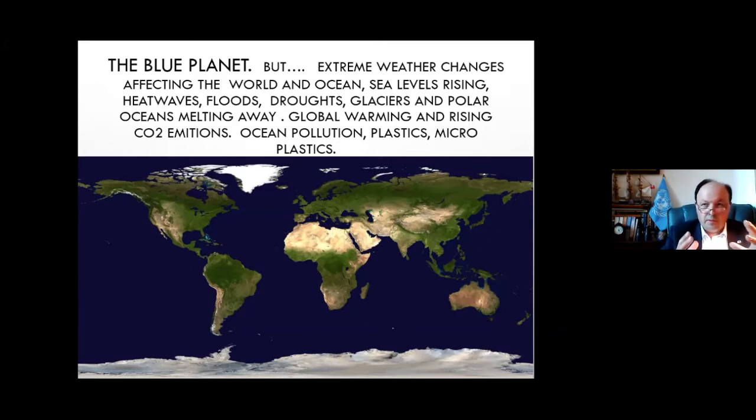We have to remember that we don't live on a pure sphere as such, but it's slightly flattened. So the equator is closer to the sun, and it receives more heat. So that heat needs to be redistributed in order to make the biosphere habitable. The polar regions, Arctic and Antarctic, are part of what is called the cryosphere.